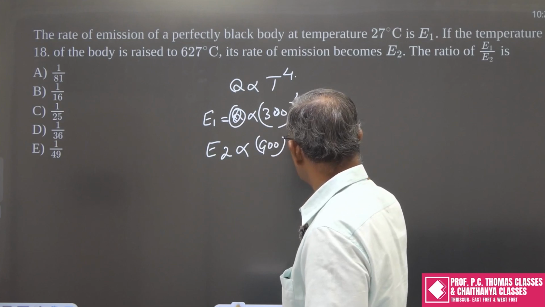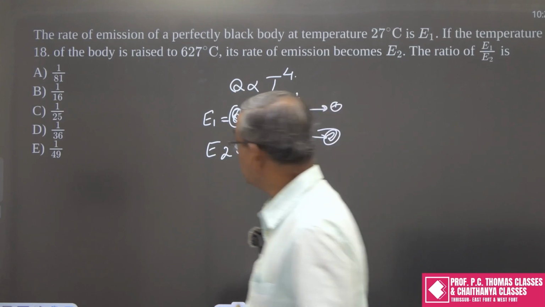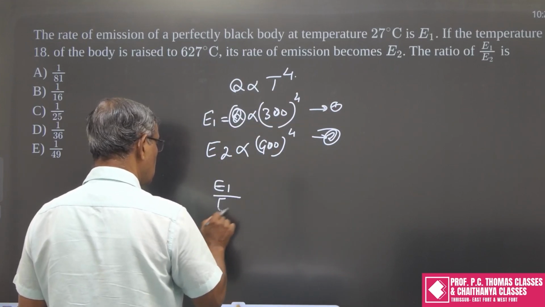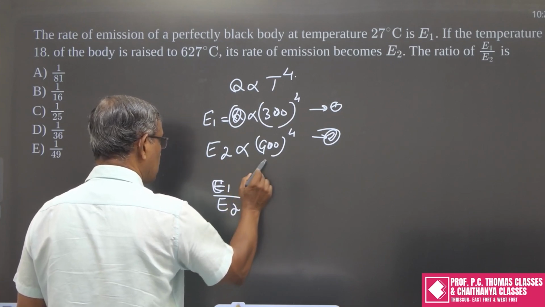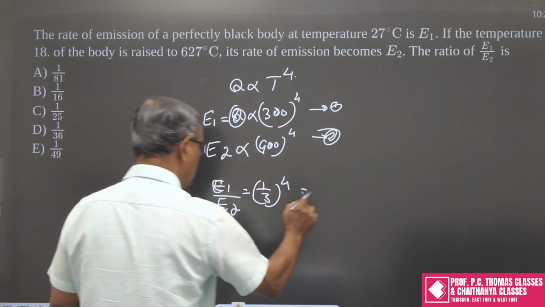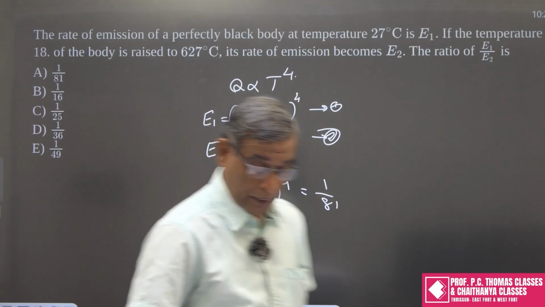Taking question number 1 and question number 2, what do they ask? E1 by E2: divide. E1 by E2 is equal to 1 by 3 raised to 4, which is equal to 1 by 81.